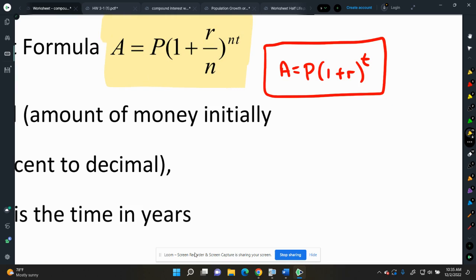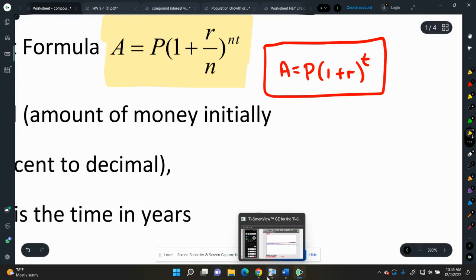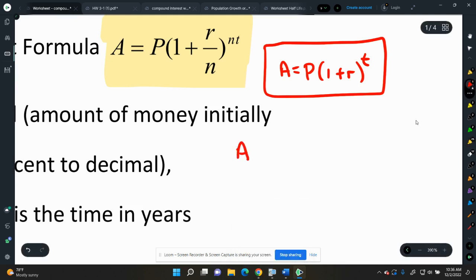Does that make sense? Okay. So that's our compound interest formula. What does the A stand for? Amount. Amount of what?